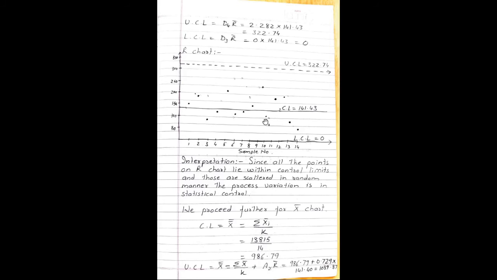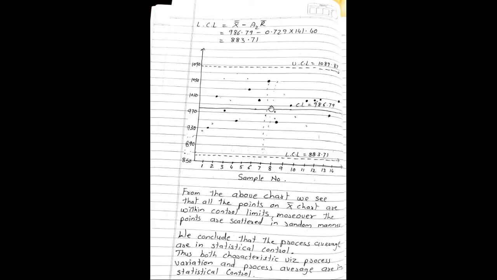And we can see, in interpretation, that all the points on the R chart lie within control limits. No, this we have already done. This is the X double bar chart, and we will plot all these points.